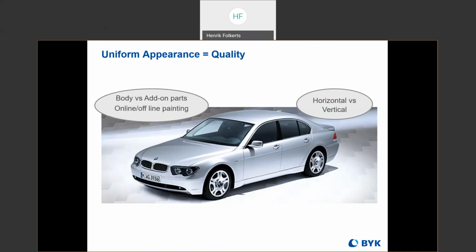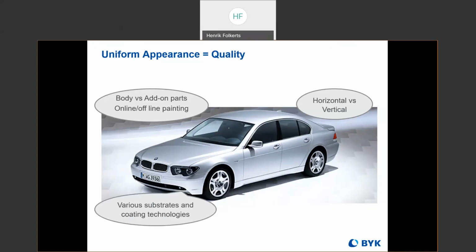So it's important when all those parts come together, and this isn't just for cars, this could be vacuum cleaners, laptops, appliances, that in the finished product they all look good next to each other.